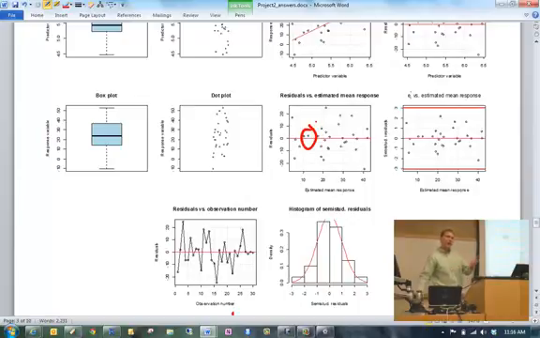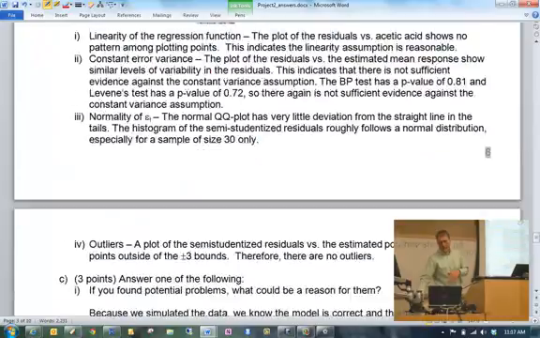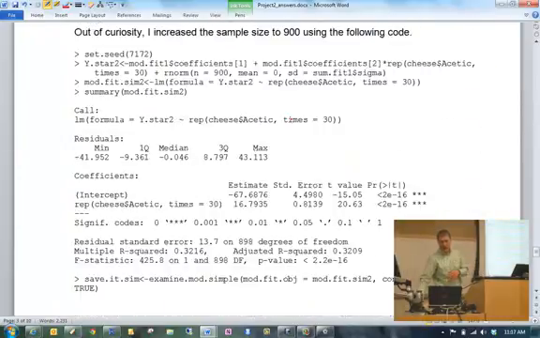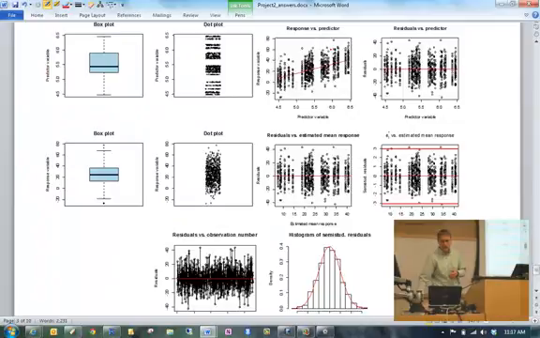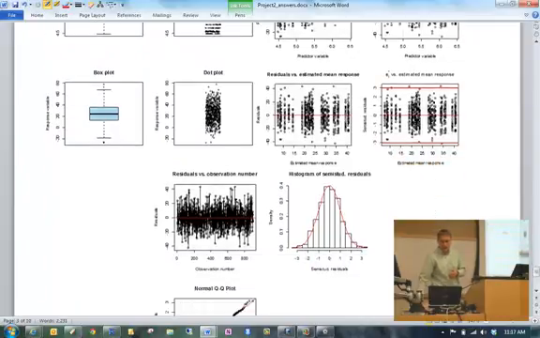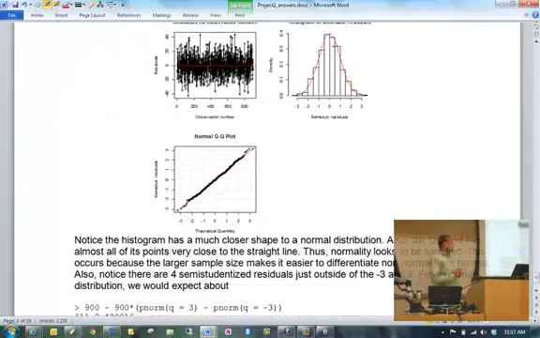And just to show you that indeed the sample size of 30 here is playing a role, what I decided to do was show what would happen if I had a sample size of 900. Would the plots get better? And in fact, they do. So, look at that QQ plot, for example. That's dramatically better than what we saw before.